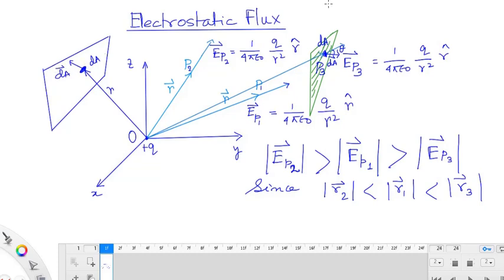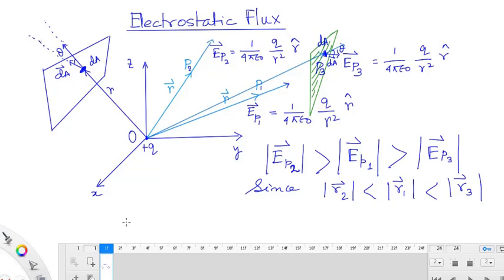And what's the direction of the electric field? The direction of the electric field will be in this direction, right? Now what's the angle between them? This is the angle theta. Clear? If you extrapolate this line, the angle between these two is the angle between them.